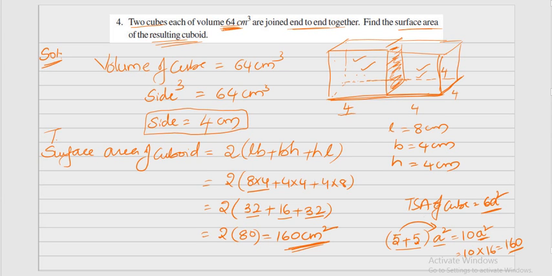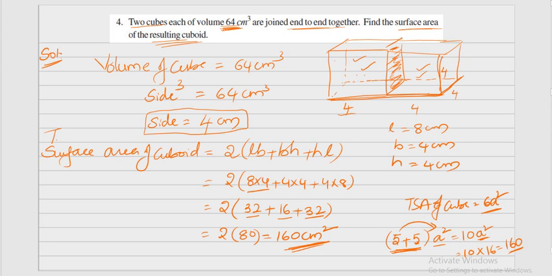Here for the cube we can take 5 faces, because 5 faces we can see and the 6th face is covered by the other cube, and for the other cube it is the same way. Because of that we get 5 plus 5, 10 faces only out of 12 faces.